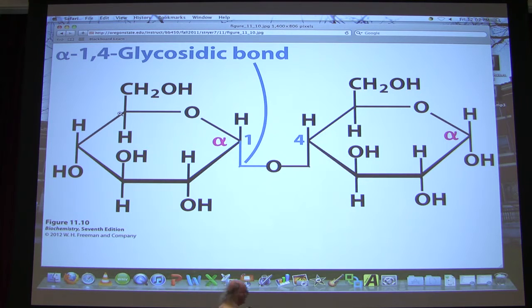So a glycosidic bond occurs when we have a glycoside. And you'll notice that we call this an alpha 1,4 glycosidic bond. It's named from left to right. Here's the alpha configuration. This is obviously carbon number 1. So it's alpha 1, and the alpha means that that's in the down position, going over here to position number 4 over here.